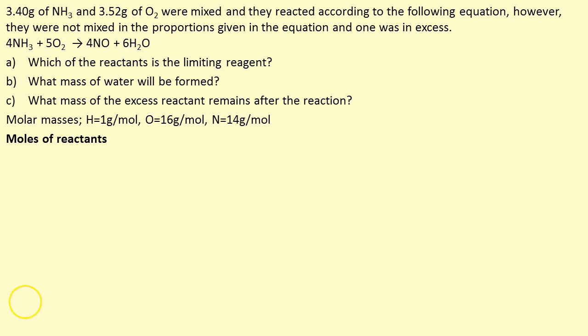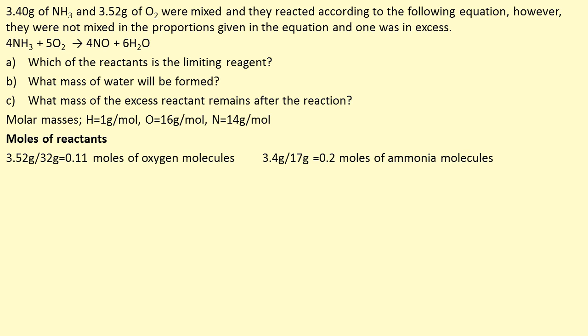We can start off by calculating the number of moles of each of the reactants. 3.52 grams of oxygen divided by the mass of an oxygen molecule, so 16 times 2, gives us the fact we have 0.11 moles of oxygen molecules. 3.4 grams divided by 17 grams, which is the mass of an ammonia molecule, 14 plus 1 plus 1 plus 1, gives us the fact we have 0.2 moles of ammonia molecules.